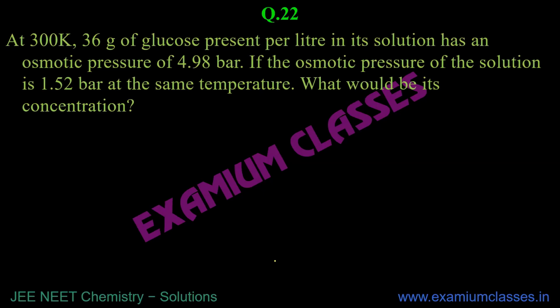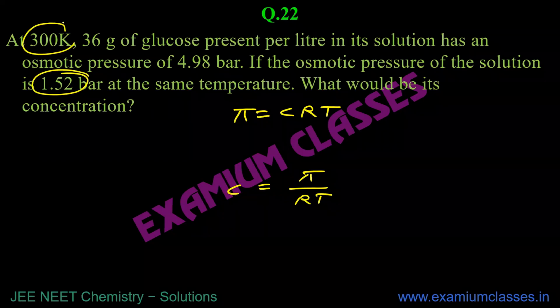In this particular question, if I apply the simple formula that pi is equal to CRT, you have been asked what is the concentration. C is asked, so C will be pi divided by RT, and pi is given 1.52. Temperature is given, 300.